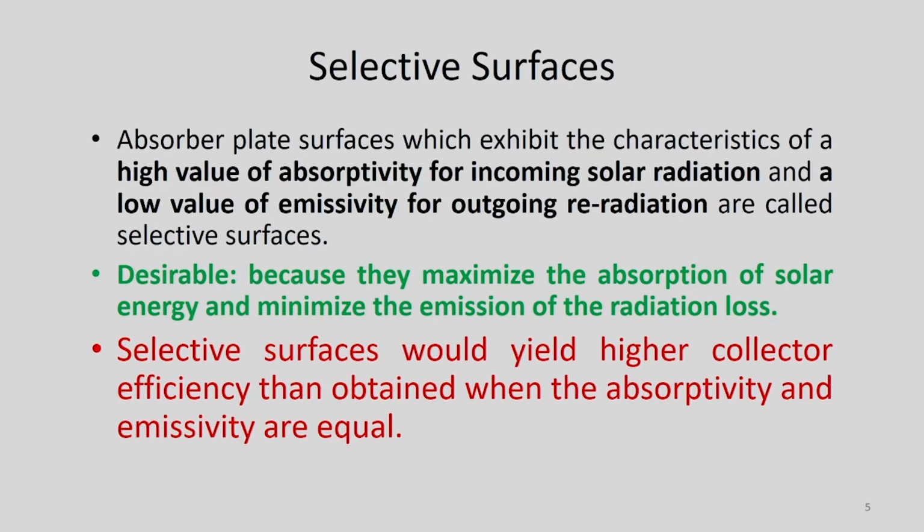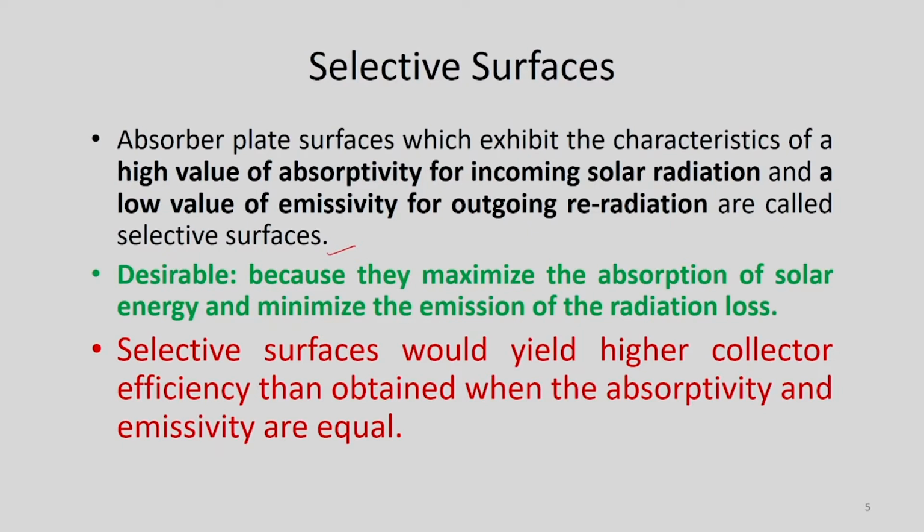What are selective surfaces? We consider the absorber plate surface. What do we understand by the absorber plate? The absorber plate surfaces which exhibit the characteristics of a high value of absorptivity for incoming solar radiation and a low value of emissivity for outgoing re-radiation are called selective surfaces.